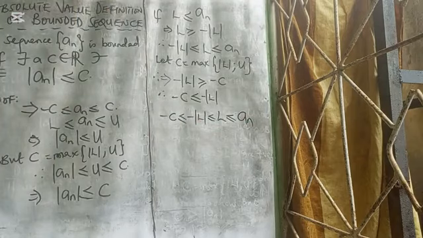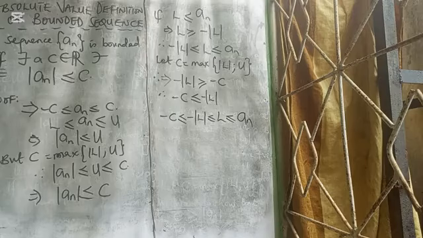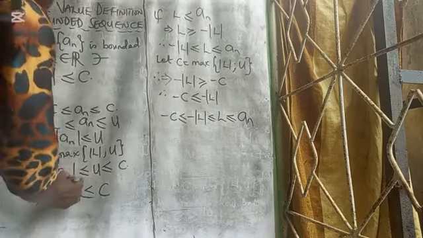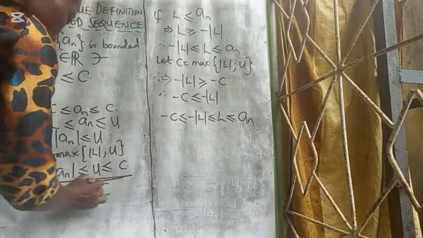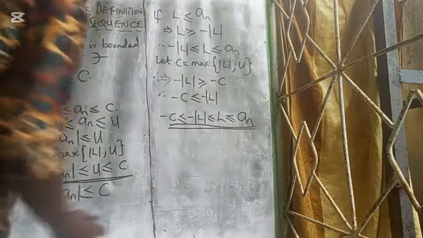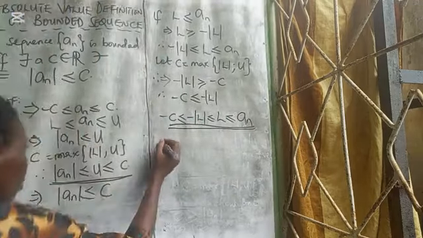So this is what we are going to try to do. We will try to match up the two together. We want to match it with that. So what would that give us?